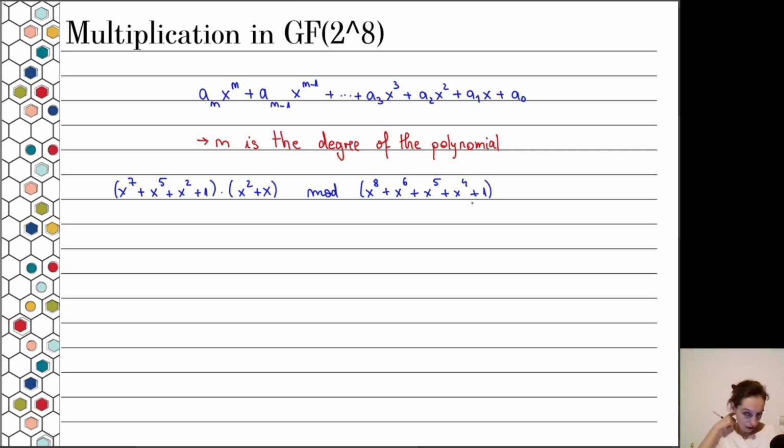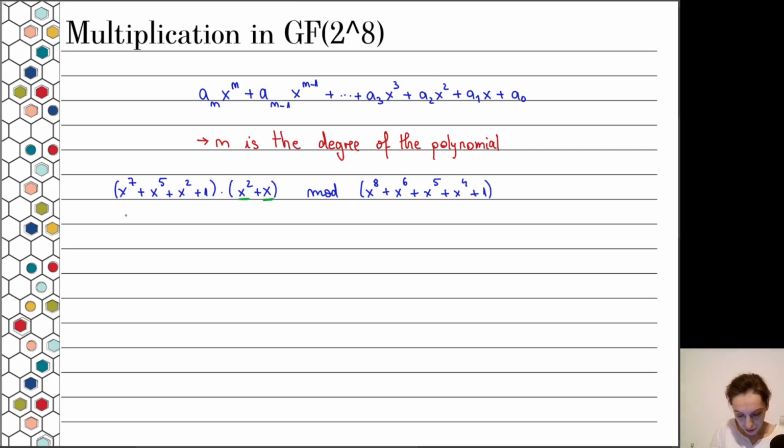So in the first case we will have to multiply these two polynomials. So we will choose this polynomial because it has a smaller number of terms. So we will multiply each term with the first polynomial.